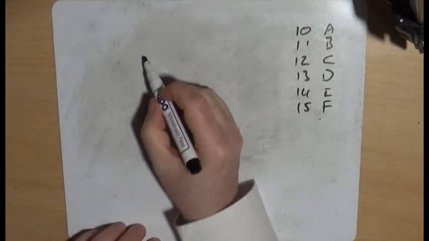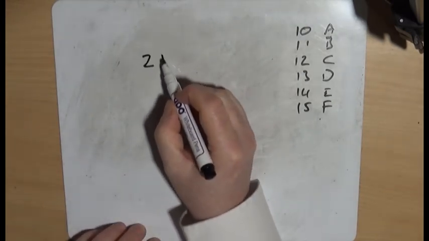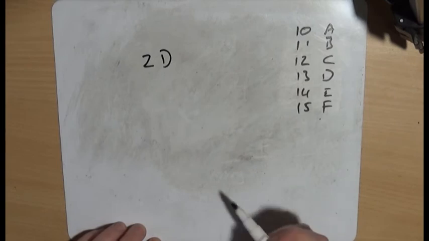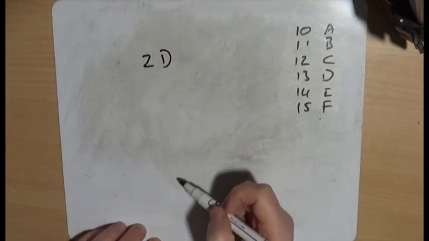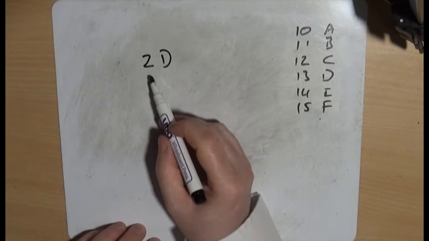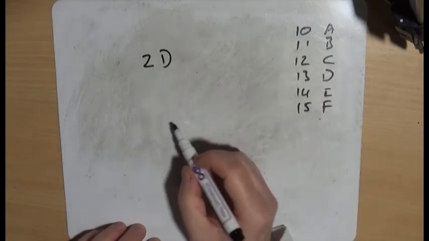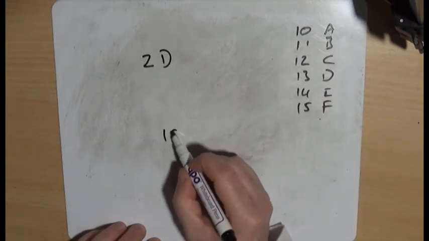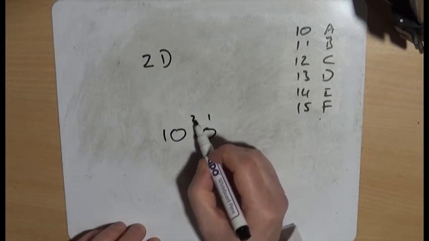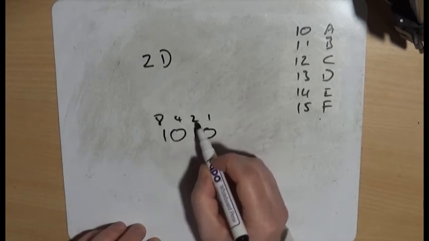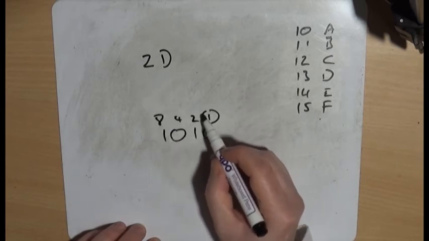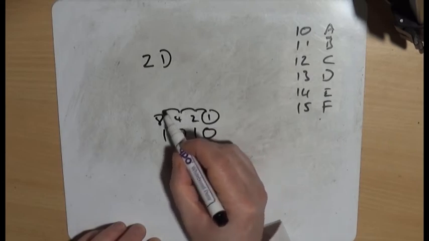So let's say we have the number 2D. So how do you convert hexadecimal 2D into a denary number? Well, if you think of binary numbers, I'll go back to the one I started with right at the very start. You write across the top 1, 2, 4, 8. You start with a 1 and you double it and you double it and you double it.